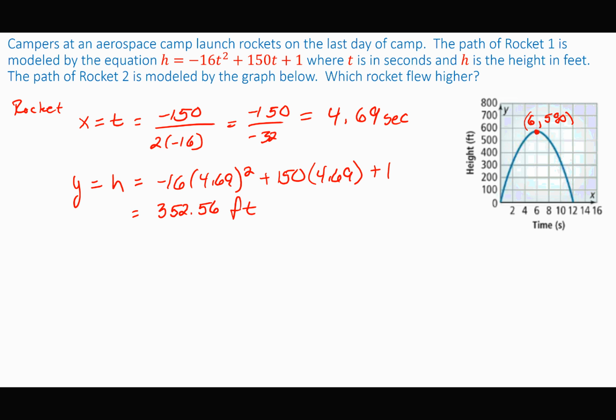Okay, so I know my vertex. I know this rocket 1 is going to take a different path. Rocket 1 is going to look something like this, and my vertex now is at 4.69 comma 352.56. Again, this was rocket 2. All right, so now I can answer the question, which rocket flew higher? Well, I can say rocket 2 flew higher.